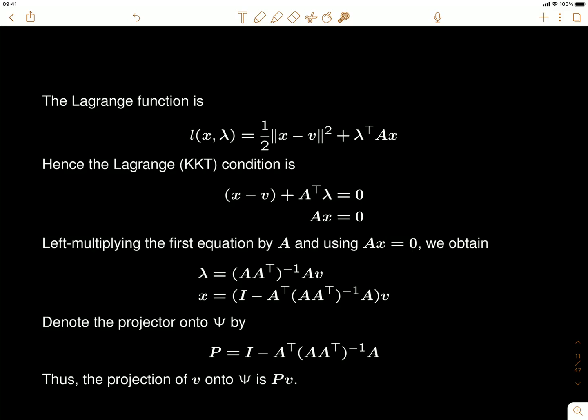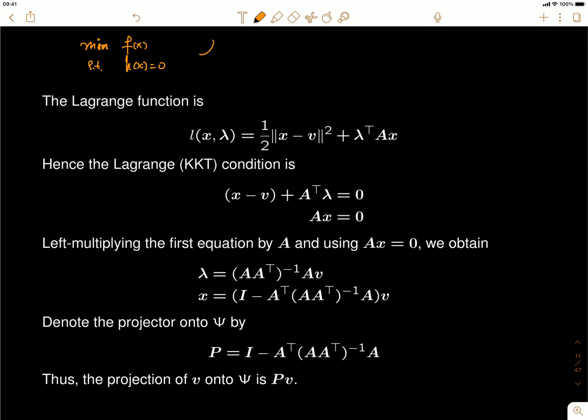In this case, the Lagrange function is written as that plus lambda times this. This is something that we have extensively discussed in the previous chapter. Suppose we're trying to solve a constrained optimization problem. We try to minimize f of x subject to h of x equals 0.